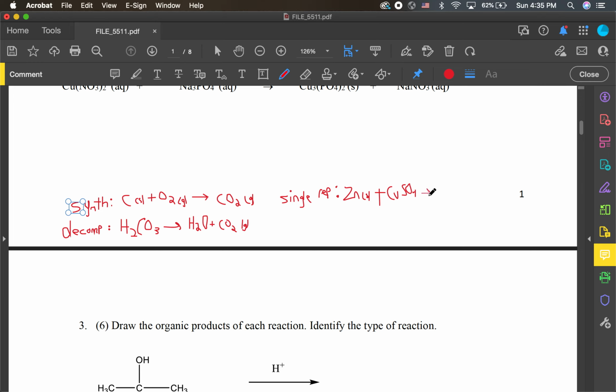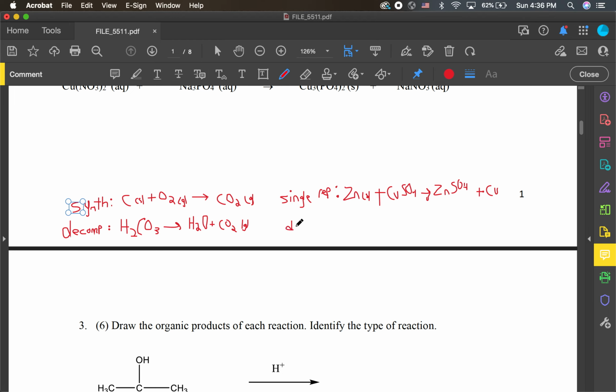That will turn into ZnSO4 plus copper. The reason it's a single replacement is that the zinc traded with the copper and became zinc sulfate, and the copper stayed on its own.